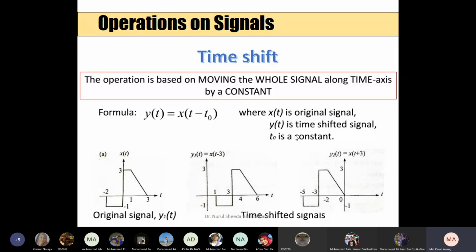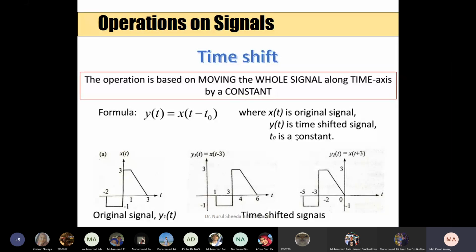Where x of t is the original signal, y of t is the time shifted signal, the result of the shift, and t naught is the constant, or sometimes we call it a delay.